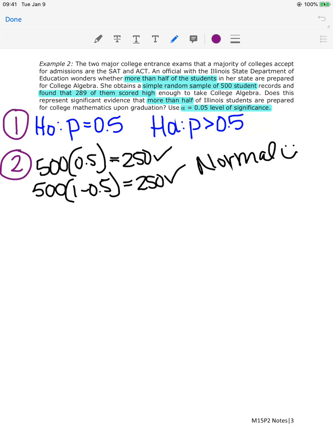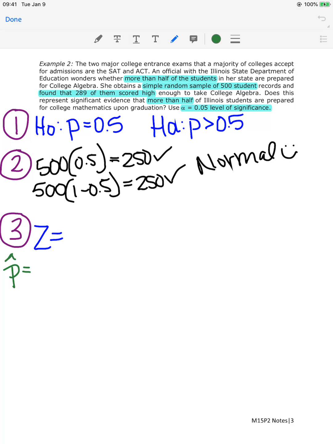So we can move on to step 3, which is calculating that test statistic. So z equals, we have to do something first, and I didn't leave myself enough room for it. Before we can figure out what z equals, we need to find what p hat equals.